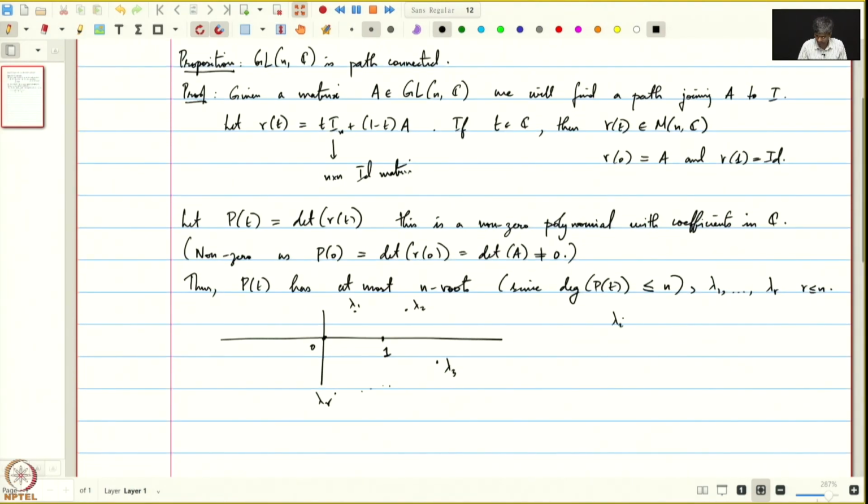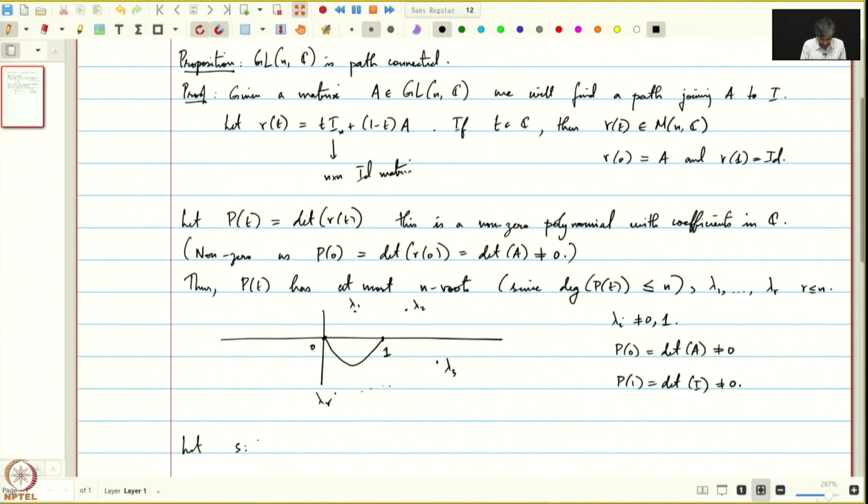Okay, and none of the lambda_i's can be 0 or 1 because P(0) is the determinant of A, which is non-zero, and P(1) is the determinant of identity, which is non-zero. Okay. So, we can simply take a path joining 0 and 1 which misses all these lambda_i's, in the complex plane.